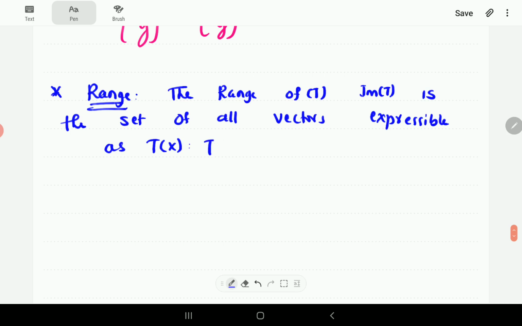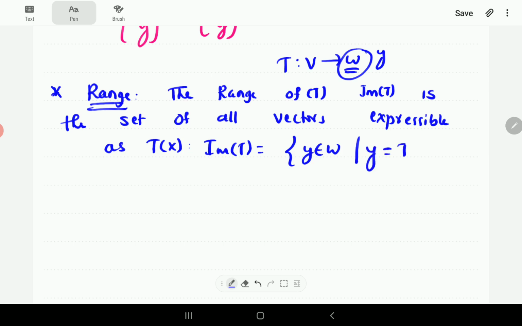Let me write that as: image of T is nothing but y belongs to W. As you know, your transformation T is from V to W, so here we are considering y belongs to this W, such that y is equal to T of x, where y is the image of x in T, for some x belongs to V. So this is how we define our range.